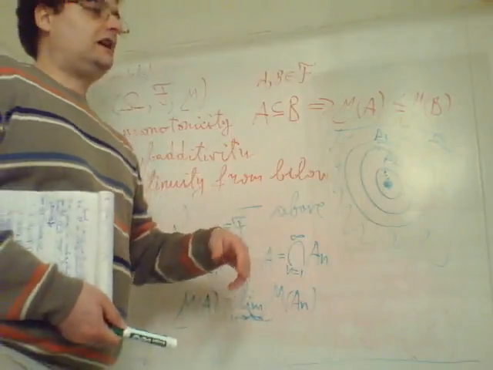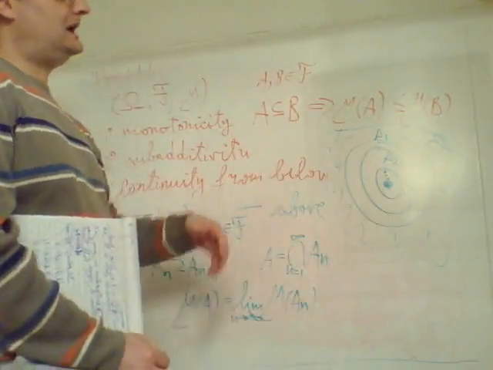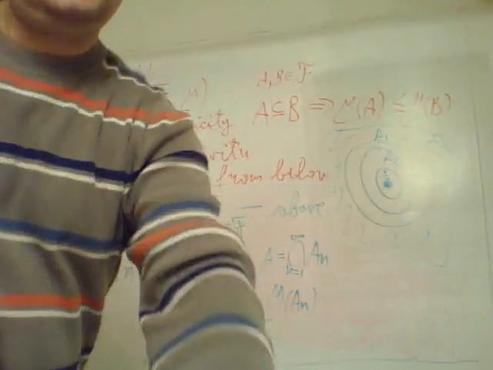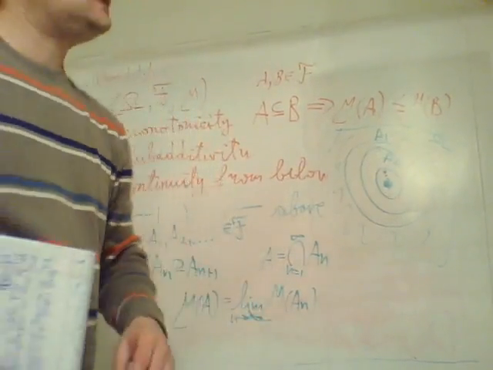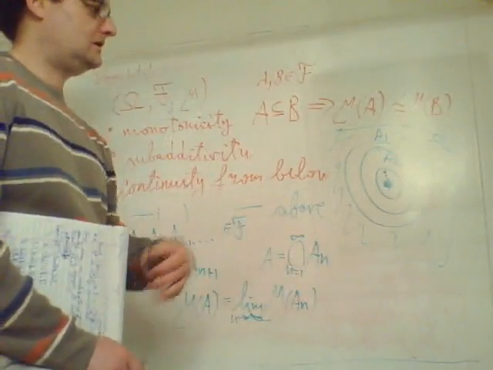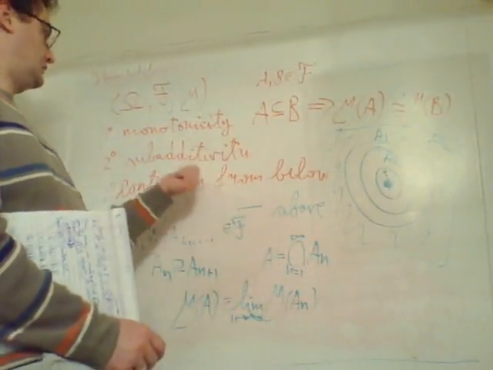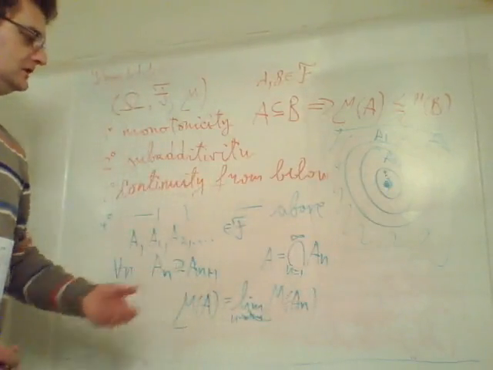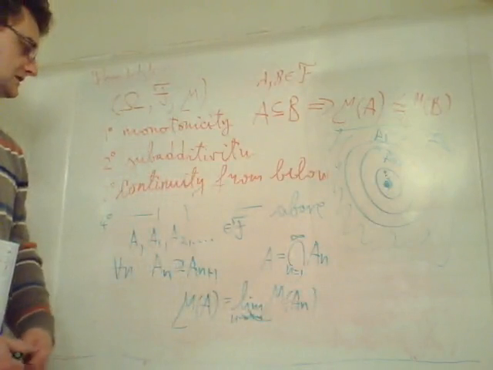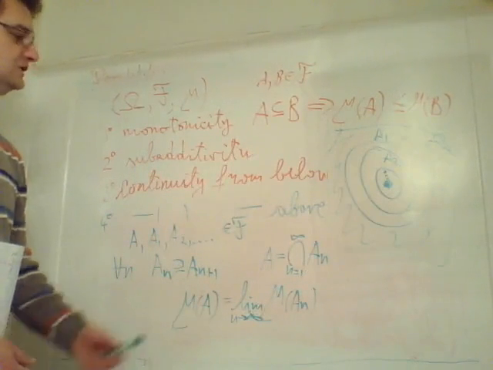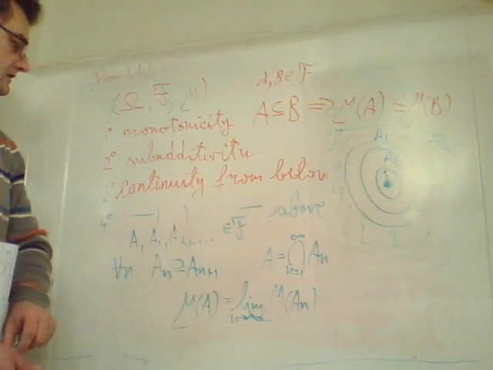So if you define Bn to be An complement, you have that Bn is an increasing sequence, and so you use continuity from below, which you just showed, to show that the limit of Bn is equal to the union of all Bn's.